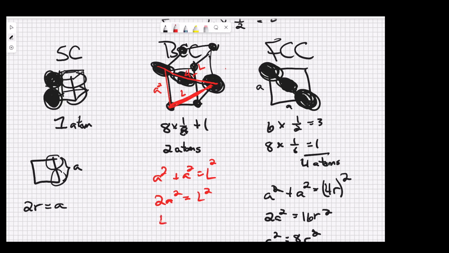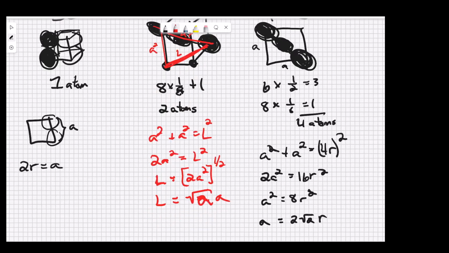L is equal to 2a squared, take the square root, or root 2 a, right? Is that right? Do you agree? Math person? Yeah, you're good? Keep me honest here. I'm making this up as we go.